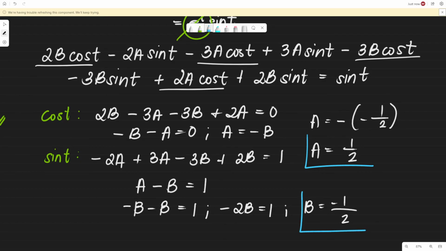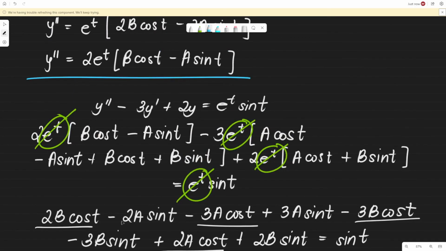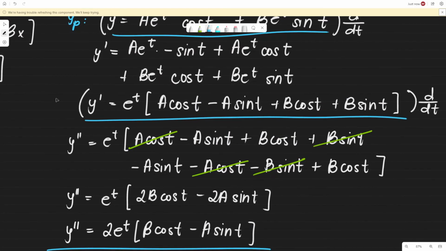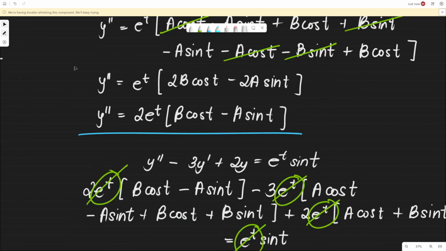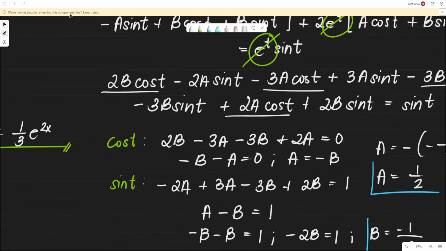Yeah. Okay, so ano nga ulit yung y natin? So if we're going to go back, ano yung nakuha nating y? Ito yung yp natin, di ba? A e^t cos t plus b e^t sin t. So papalitan lang natin yung a and b dun sa nakuha nating values. For yp.